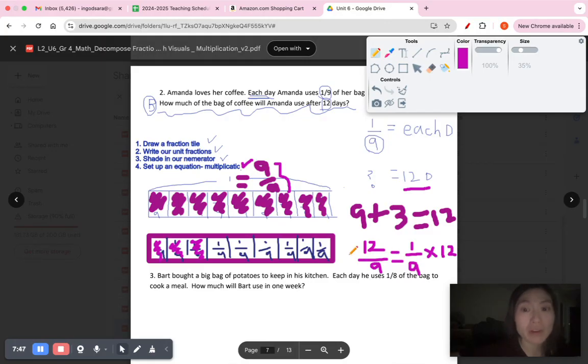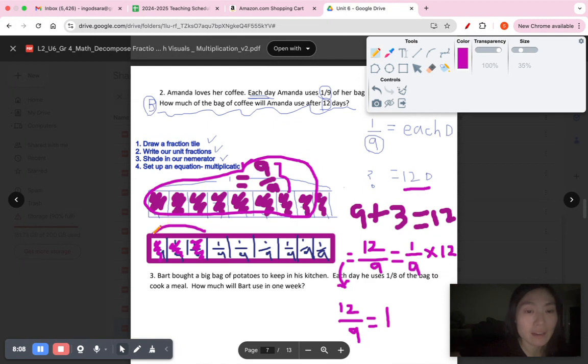If you also want to rewrite this as a mixed number, you can write it as 1 whole. Oops, let me write it over here. So 12/9 can also equal 1 whole, because 9/9 was 1 whole right here, and then I had 3/9 left.